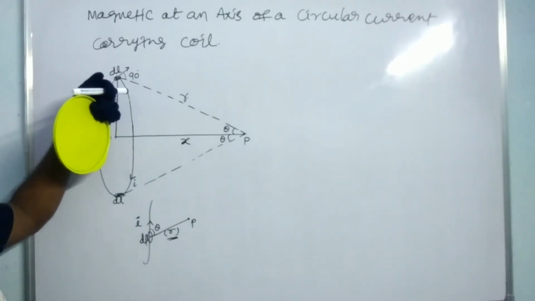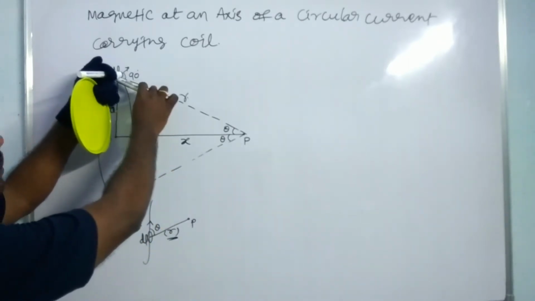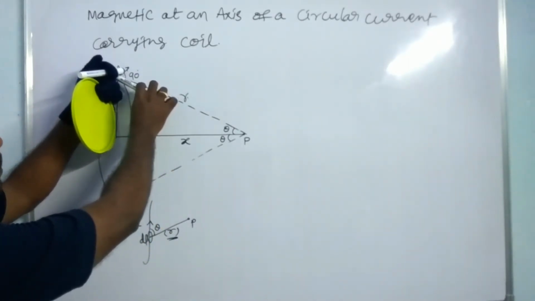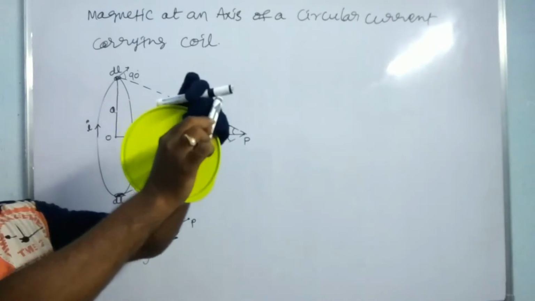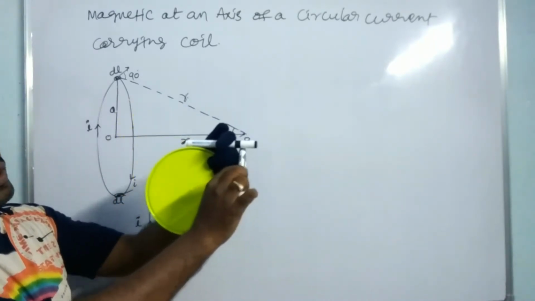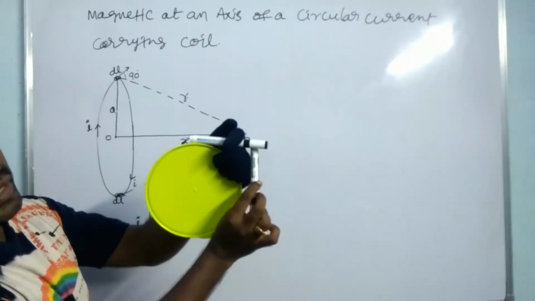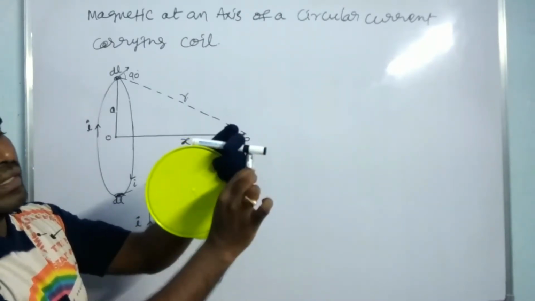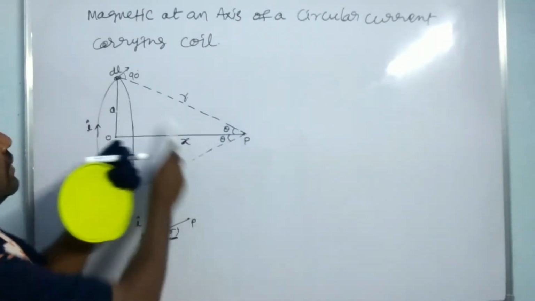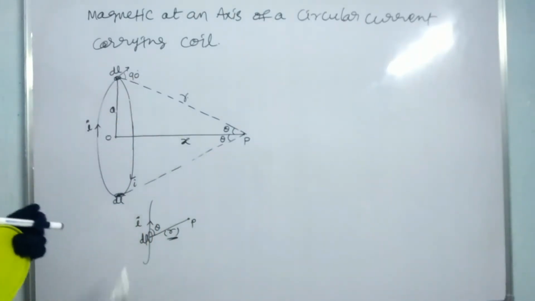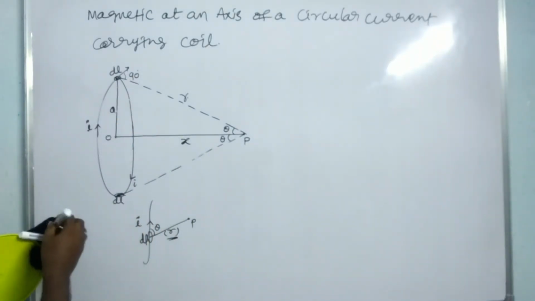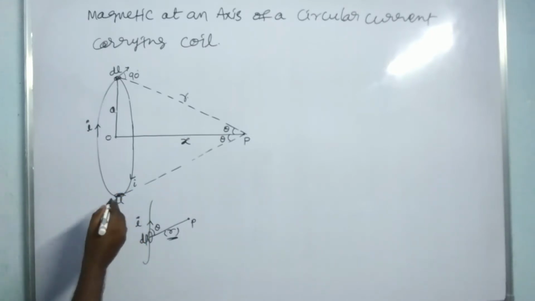So this is r here. The angle between these two is 90 degrees. Clear? Similarly at this point, this also has 90 degrees.